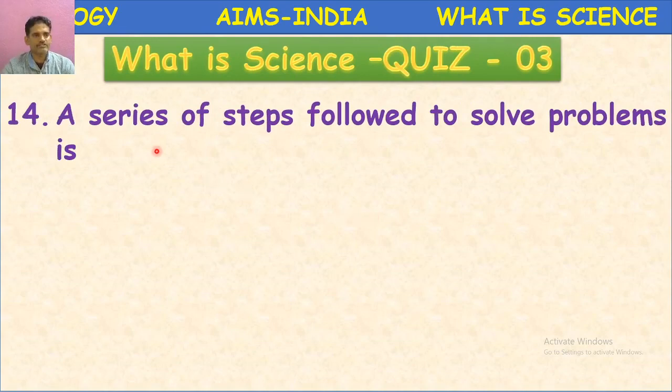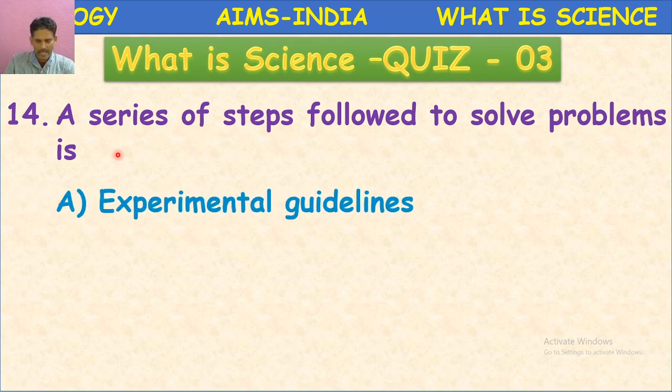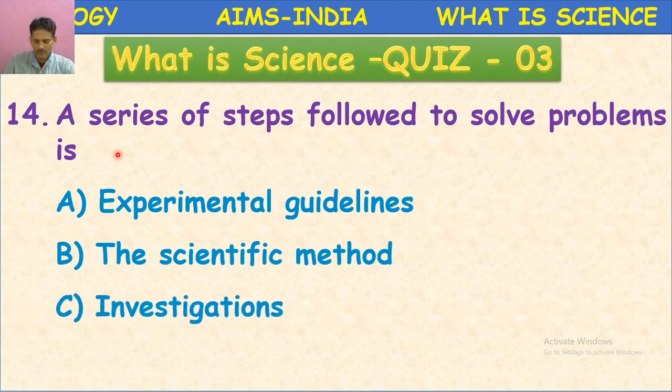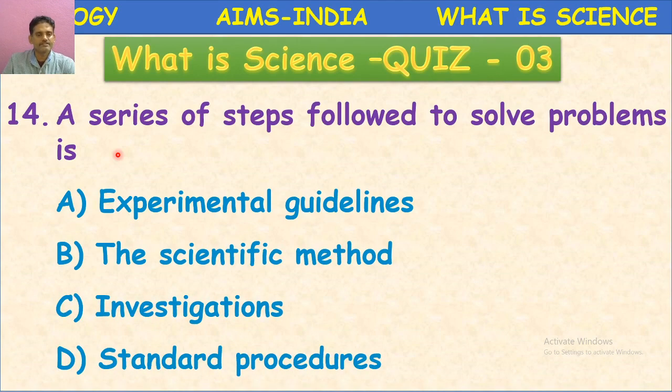So today's last question. A series of steps followed to solve a problem is: experimental guidelines, scientific method, investigations, standard procedures.